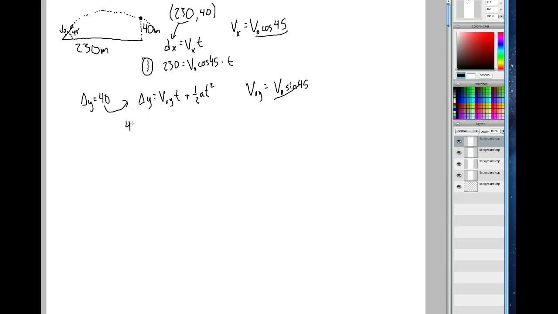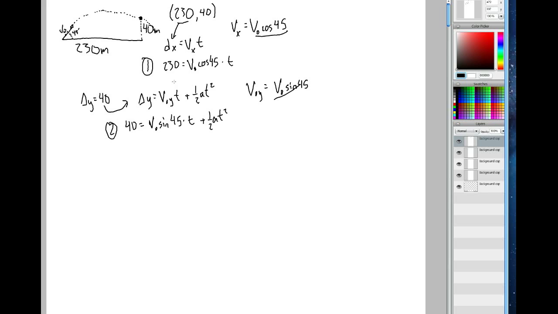So we have 40 equals V naught sine of 45, and all of that times time, plus 1/2 a t squared. So this is our second equation.